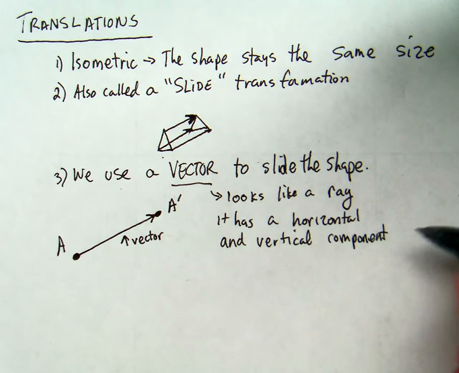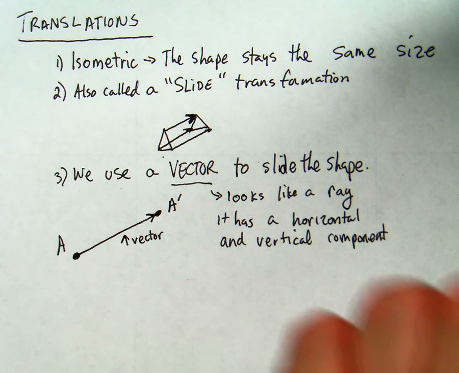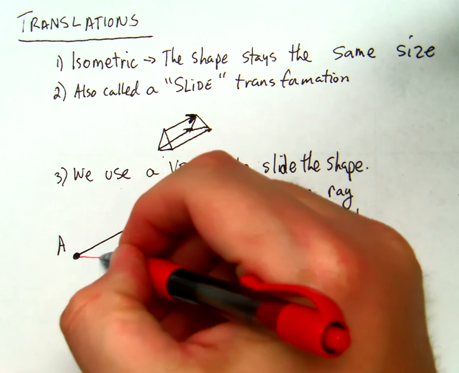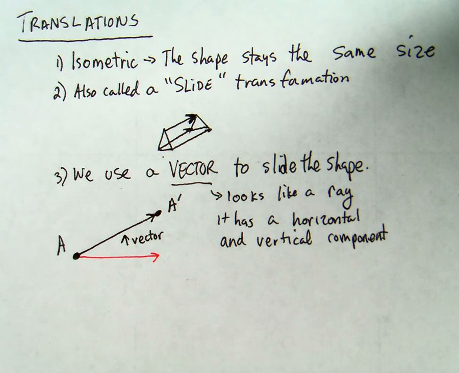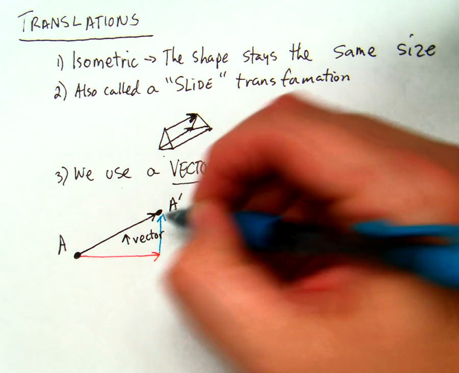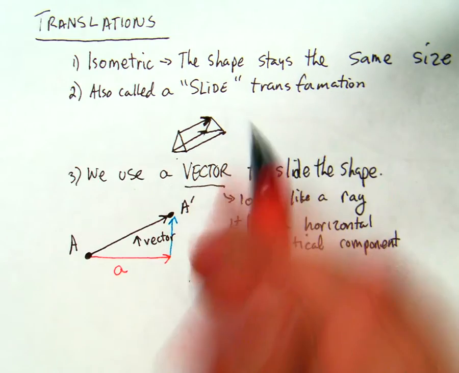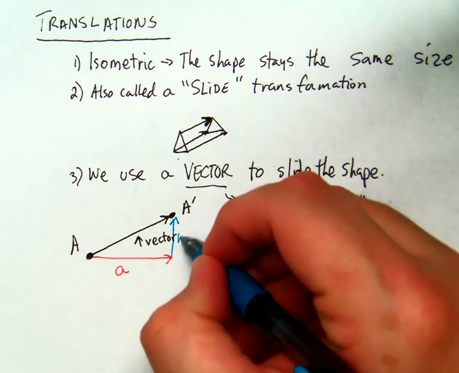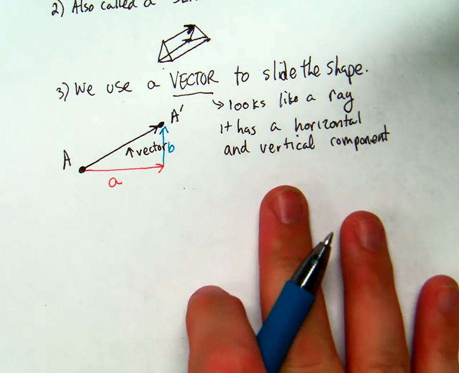But what it's going to have is a horizontal and a vertical component. So this vector is going to have a horizontal component to it and a vertical component to it. So we could say that's A and that's B. So have you ever done anything that kind of looks like that before?